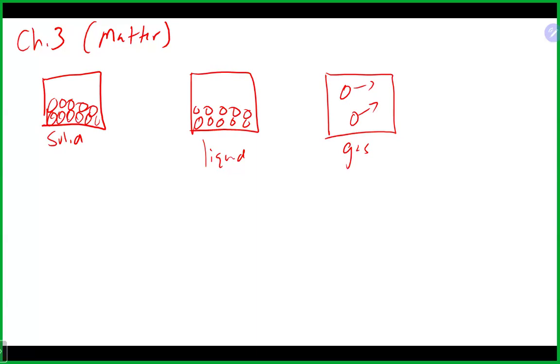So remember that as we go from solid to liquid, that's the process of melting. As you go from liquid back to solid, that's the process of freezing. As you go from liquid to gas, that's the process of evaporation or vaporization.